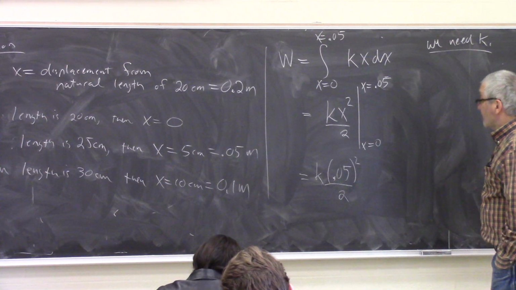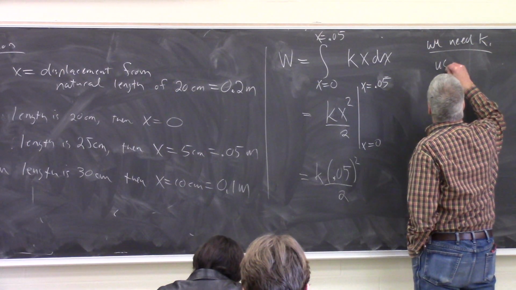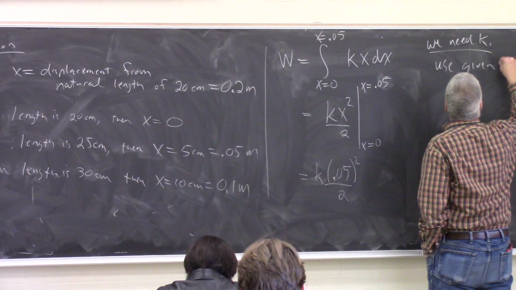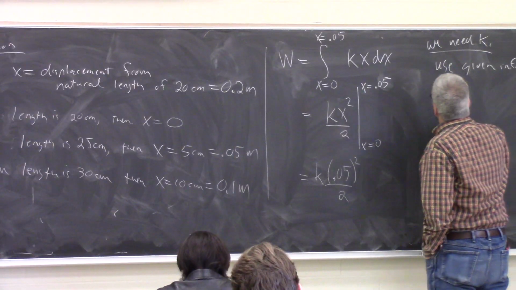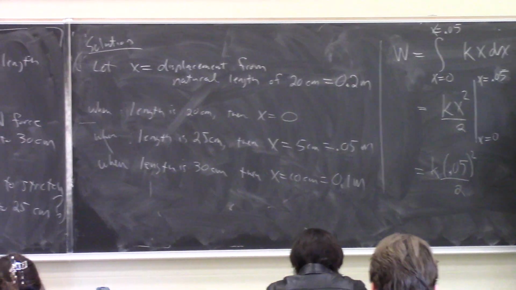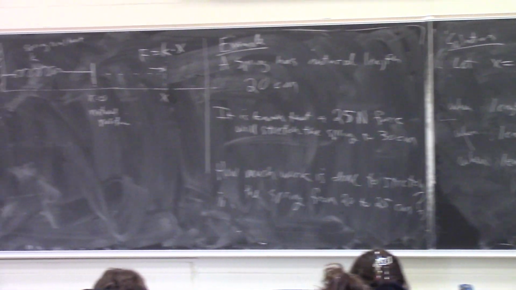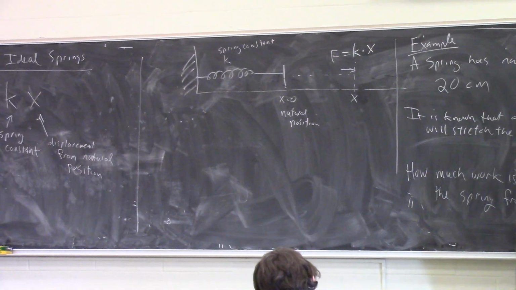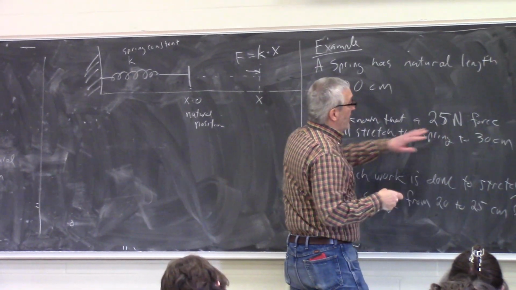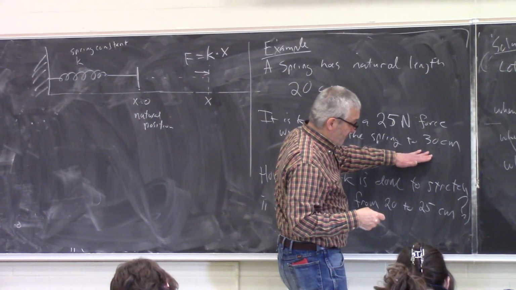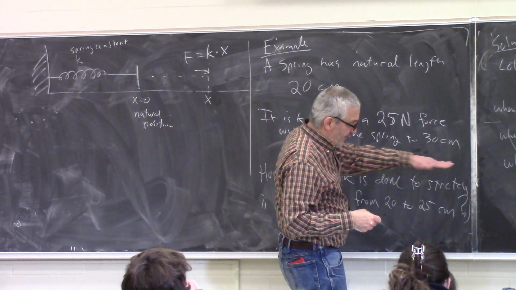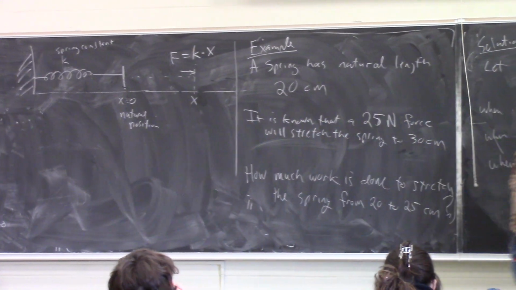Well, let's use the given information. We have that the force equals kx. The given information says when the force is 25 newtons, the spring will be stretched to a length of 30. In other words, x equals 10 centimeters.